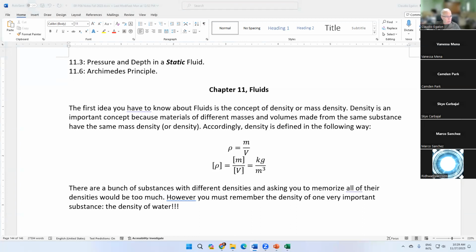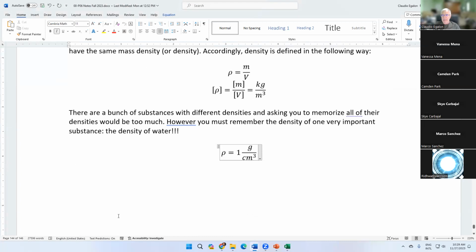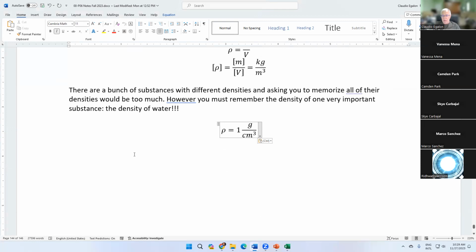I'm going to start with the density, not in terms of kilogram per cubic meter, but in terms of grams per cubic centimeter. The density of water in grams per cubic centimeter is just the number 1. Water is the standard for density. That's exactly what it means, okay? If you do the dimensional analysis, remember that 1 gram is what?